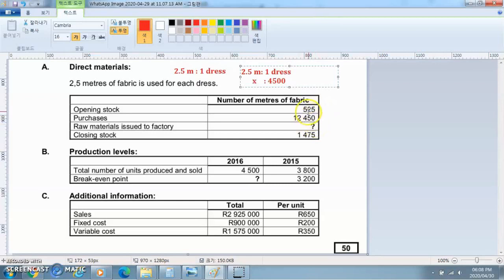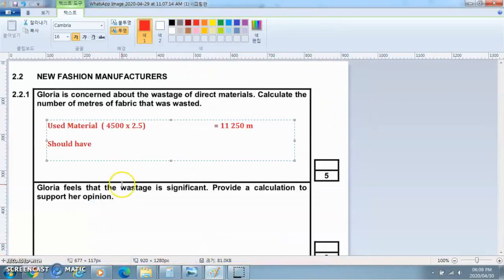So if you say opening plus purchases minus closing, let's see what we get. We say 525, plus 12,450, minus the closing, which is 1,475.